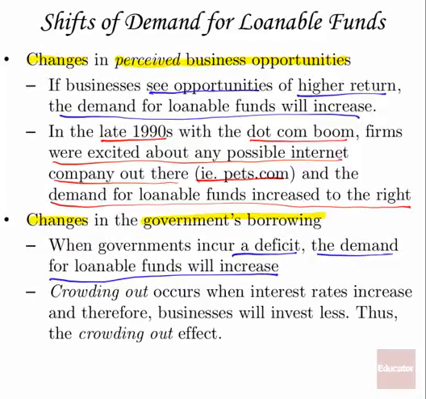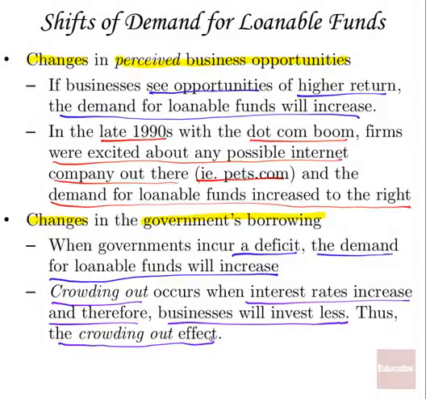So the negative aspect, aside from incurring a deficit, is that there's crowding out that occurs when interest rates increase, and therefore businesses will invest less. So thus the crowding out effect. One way you can see this is that there's a decrease in the supply of loanable funds to the private sector. You can look at it that way.